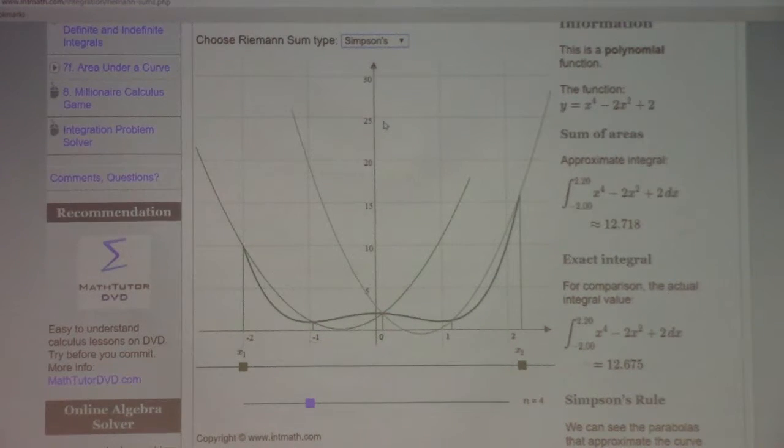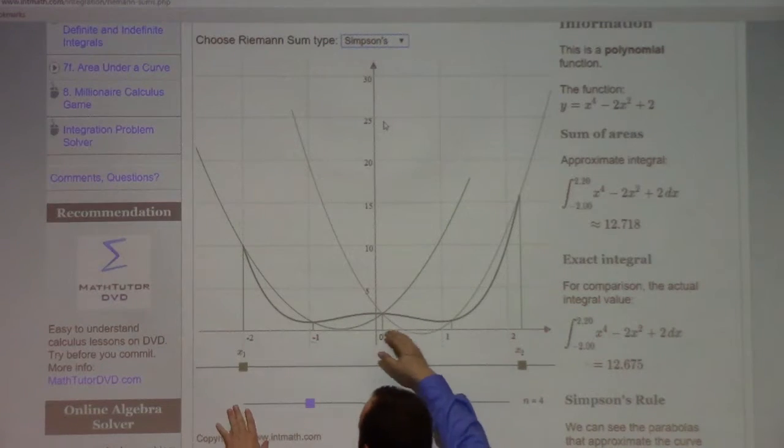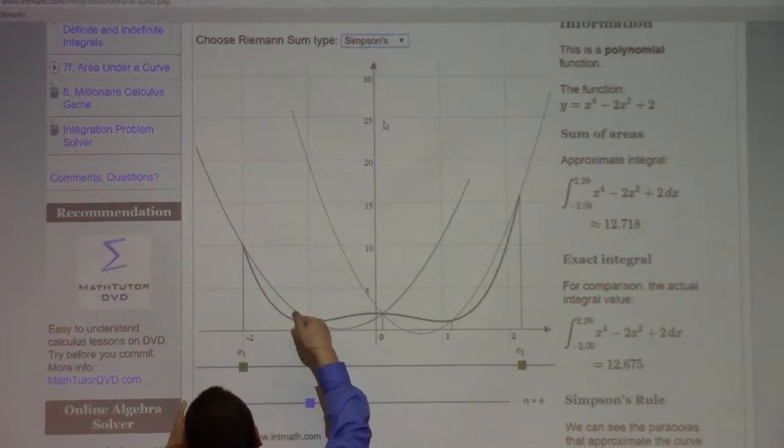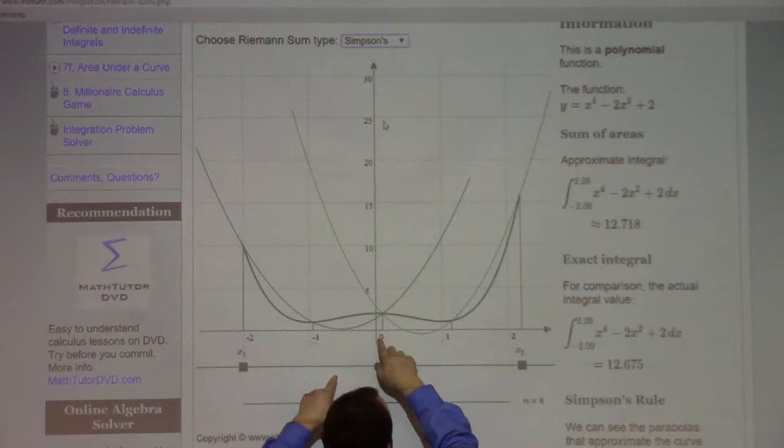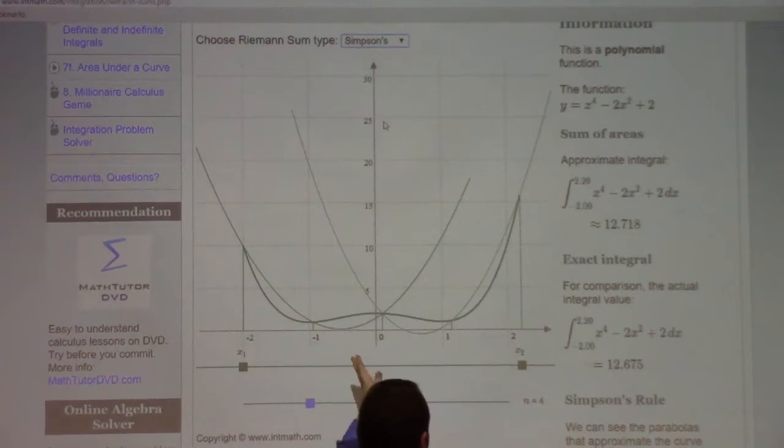So Simpson's rule, you have to interpret that. What it's doing is overlaying the approximating parabolas on each interval and showing you them. You stare at it for a while, you'll see what it's doing. Because it's showing the parabolas, it's extending the parabolas on each approximating region past their approximating region.